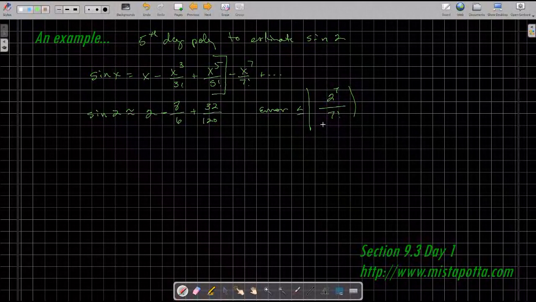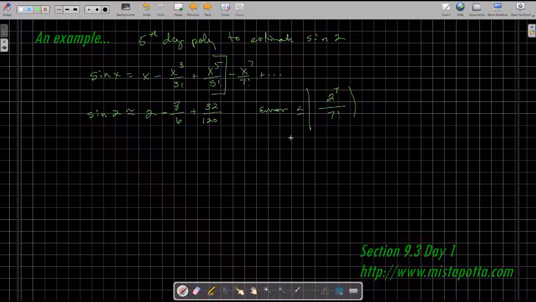And so this Lagrange error bound really gives me a lot of understanding of what's going on here. And one of the things that we've noticed about both our sine and our cosine polynomials is that they tend to approach the sine and cosine values very, very quickly.